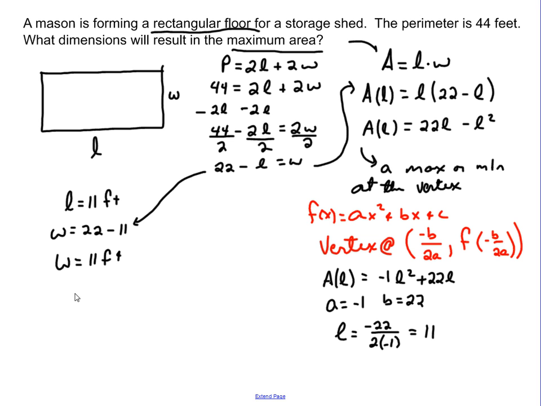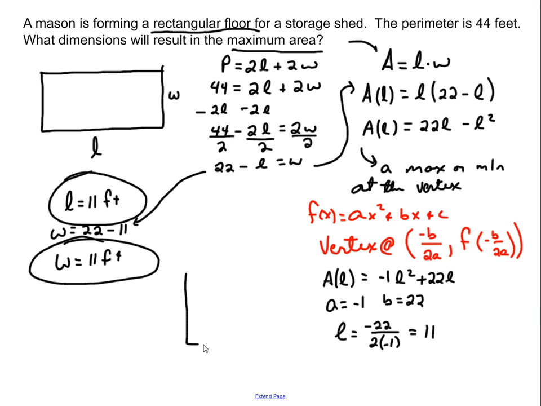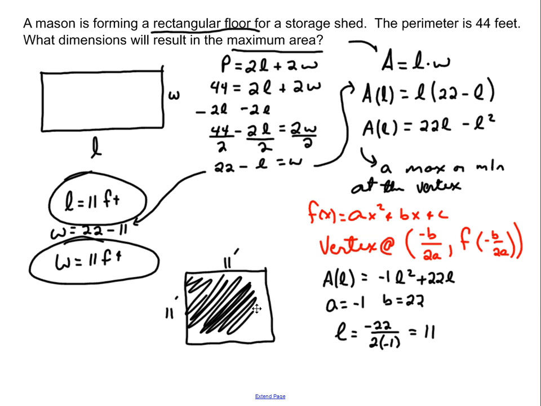After all, the maximum area occurs inside a square. And in this particular case, the square would have to be 11 by 11 feet to make it work out that way. So our shed floor should be a perfect square of 11 feet per side. Okay, more applications to come in the next videos.